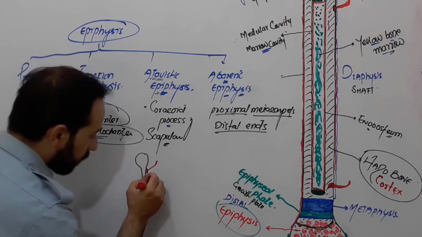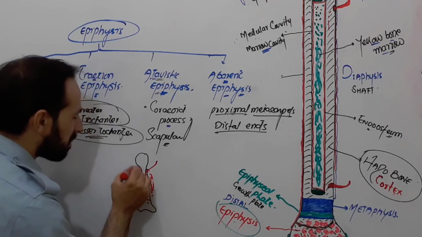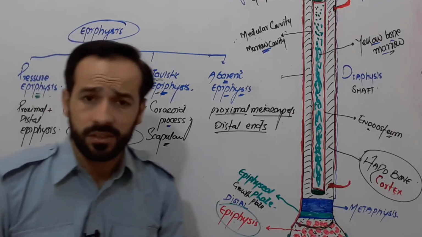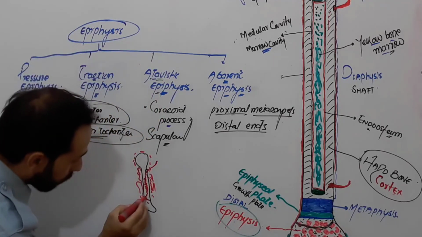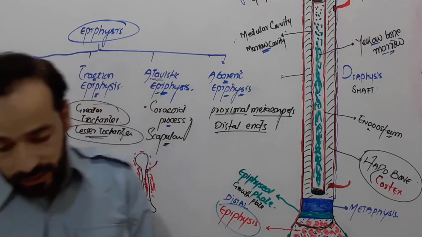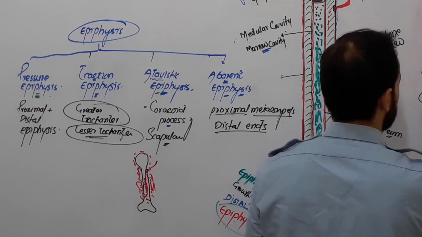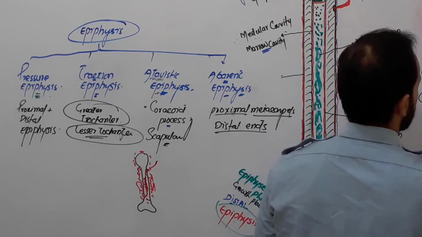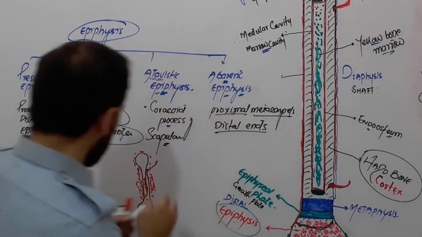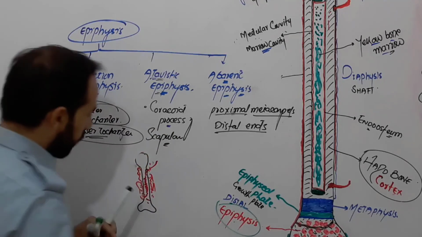Then there is another group of arteries which are present around the bone, below the muscles and tendons and everything. These are called the periosteal arteries. They also give blood and nutrients to the bone from outside, we can say. And then there are the epiphyseal arteries, the next group of arteries. These epiphyseal arteries are present around the epiphysis.